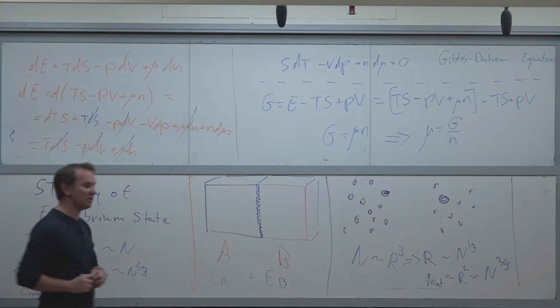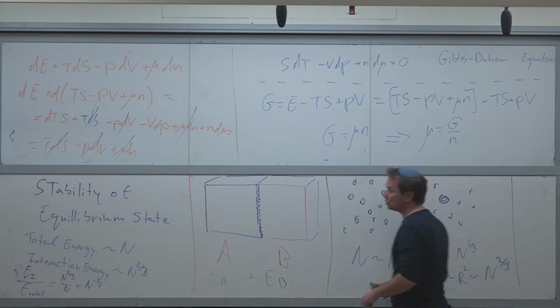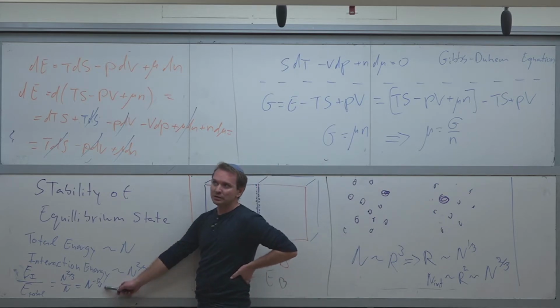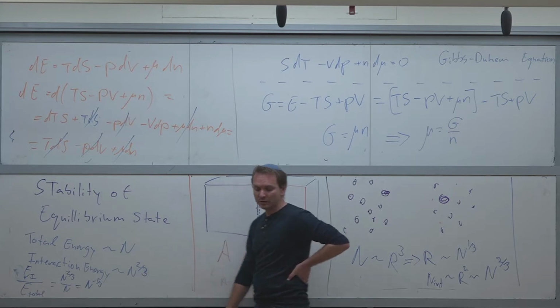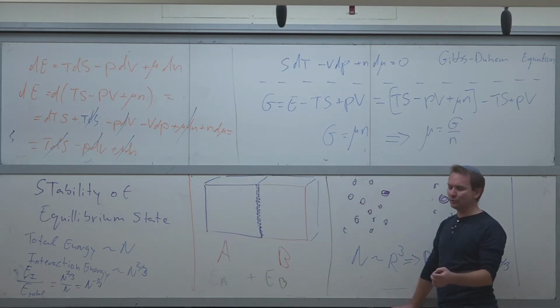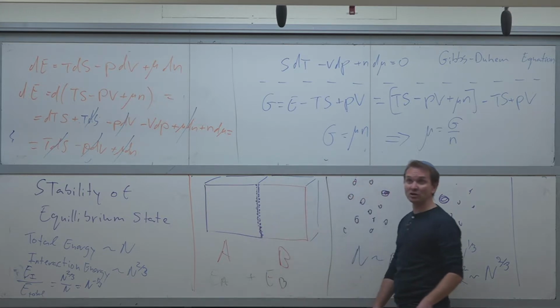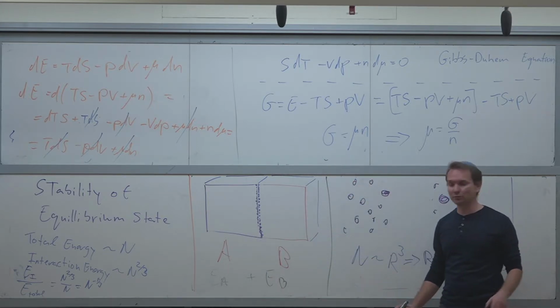The ratio between the interaction energy and the internal energy of the system is proportional to n to the negative power. So when n is extremely big, 10 to the power of 23, the interaction energy is extremely small as compared to the macroscopical system. So for macroscopical systems, unless their interaction is not local and not limited to the boundary, I can completely neglect those interactions. They are not important for me.